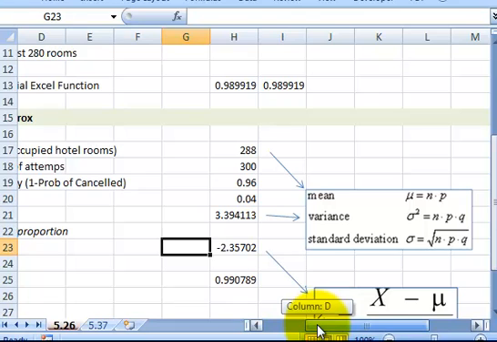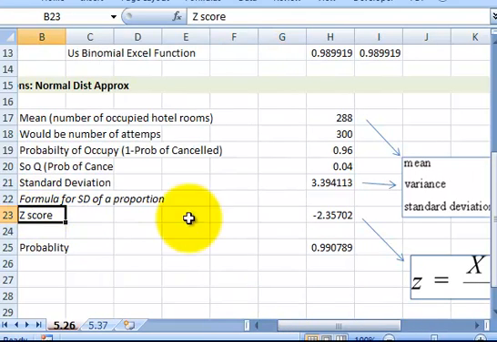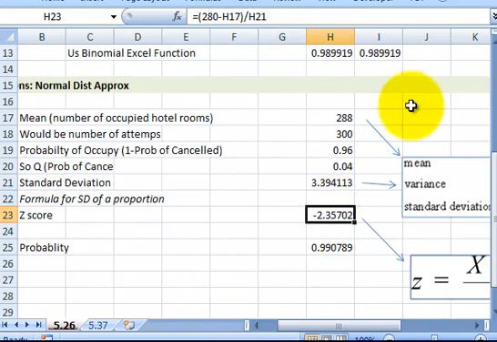Once we have our standard deviation and our mean, and we know what score we're looking up the probability for, we can determine our z-score. This is simply the score we want, 280, minus the mean, 288, divided by our standard deviation. So we know we're negative 2.35 standard deviations away.